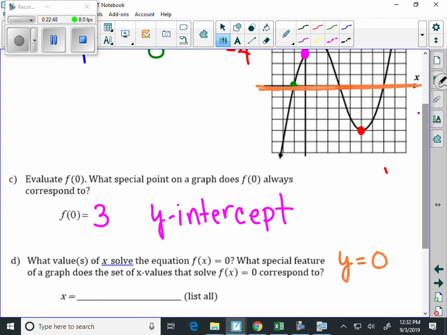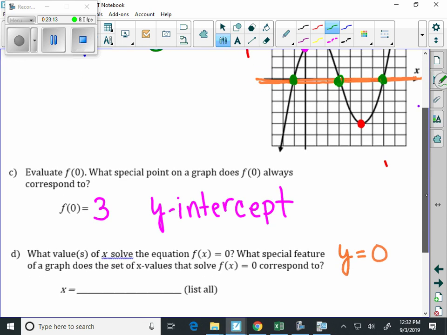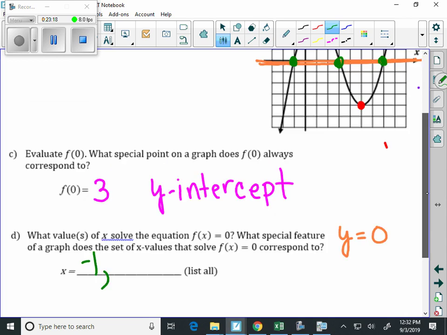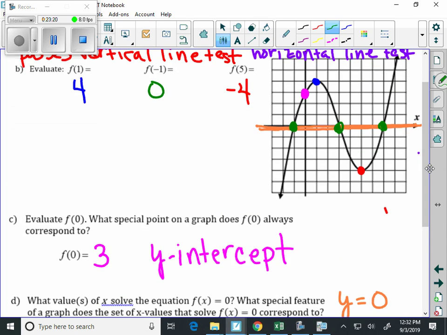And what we're specifically looking at now, because it says what value or values of x solve this equation, we actually already have one right there. And we have another right here, and we have a third right there. So what values are those? Well, it looks like -1 and 3 and 7.